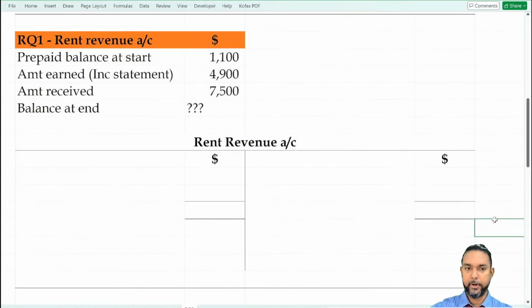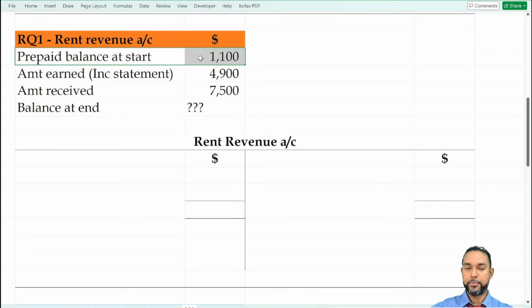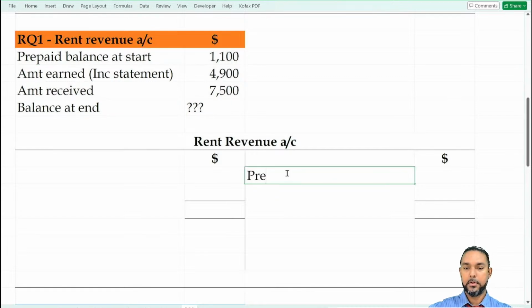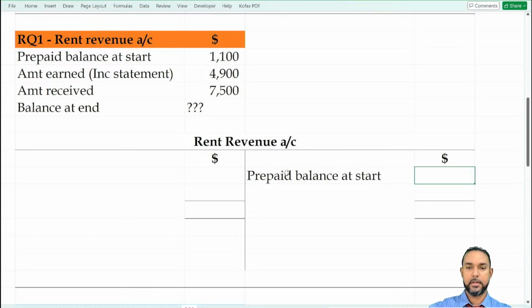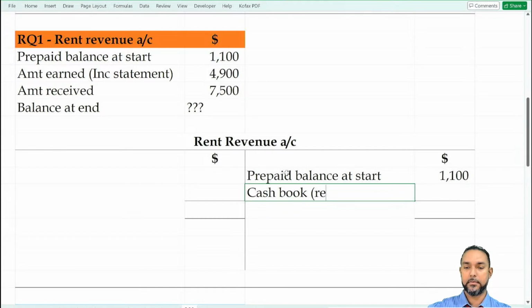All right, so in the first case here, prepaid revenue. The prepaid balance at start goes 1,100. The amount received also goes on this side, so that's the cash book figure, the receipt.